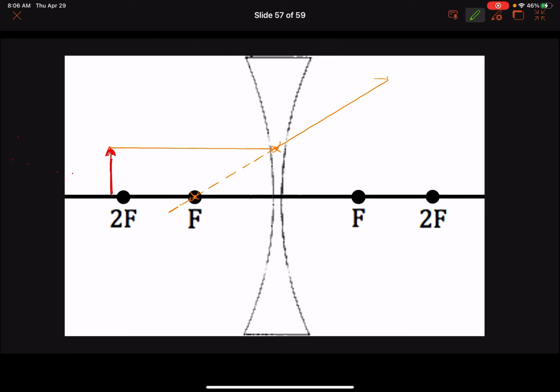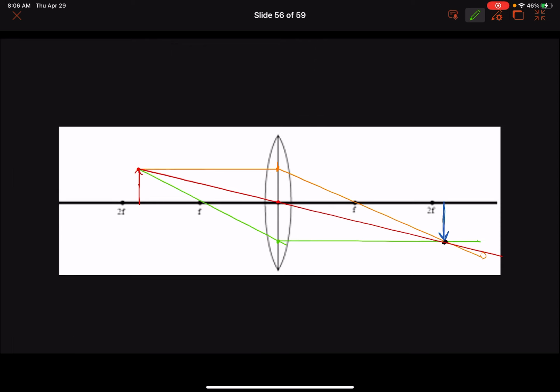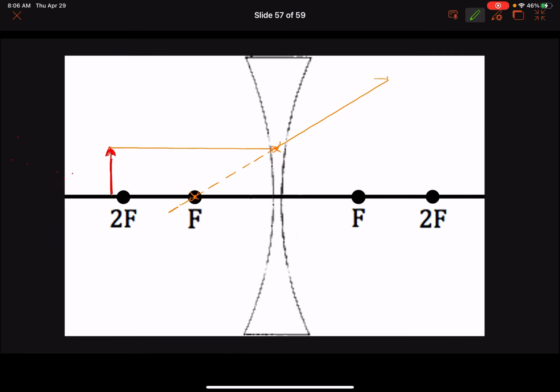And then we can do the focal ray. Again, on the last one, the focal ray was towards the focal point on the left side. On concave lenses, we're gonna aim at the focal point over here. We're gonna aim for the focal point on the other side of the lens. And so we hit the lens, and then we know focal rays end up parallel afterwards.